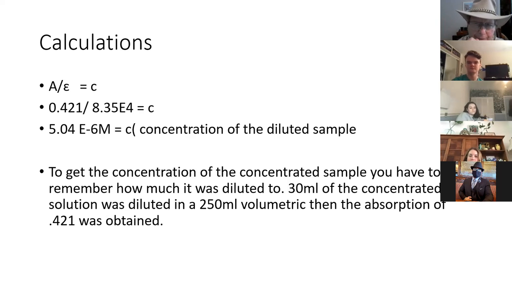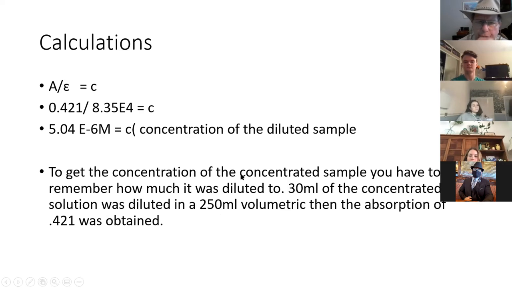But you have to realize what you did. You put a known amount of your concentrated sample into the volumetric flask. So that is your known volume. The volume of the volumetric flask is the volume of your diluted sample. You have the concentration of your diluted sample.